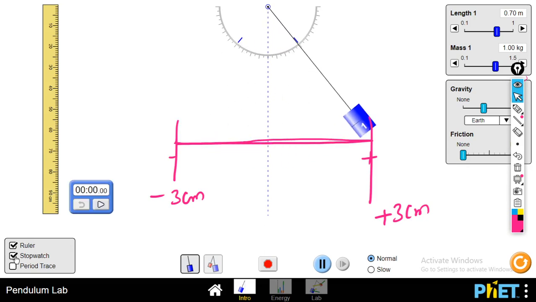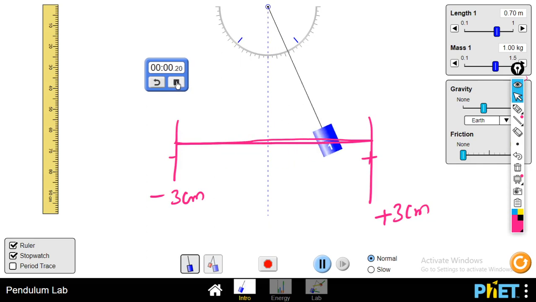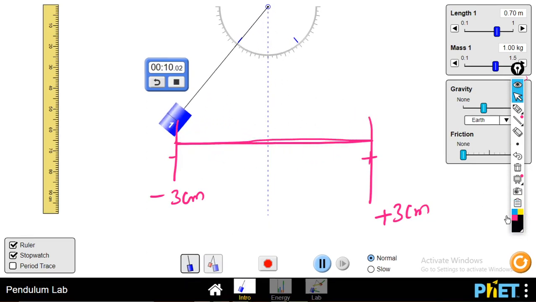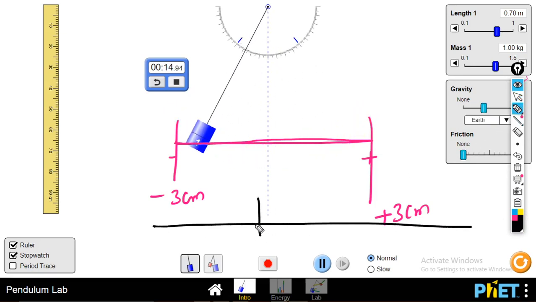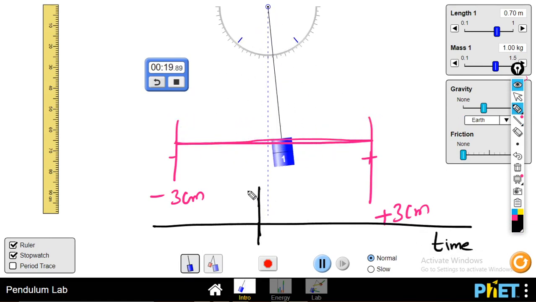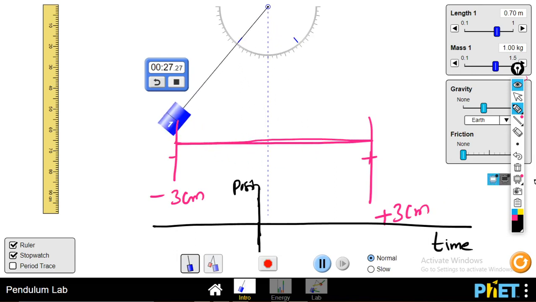If I take time, time is running here, if you can see, for 1 second, 2 second, 3 second, like that. Now I would like to plot a graph of position versus time. The time is here and this is position. The position is always going from negative 3 centimeters to positive 3 centimeters.